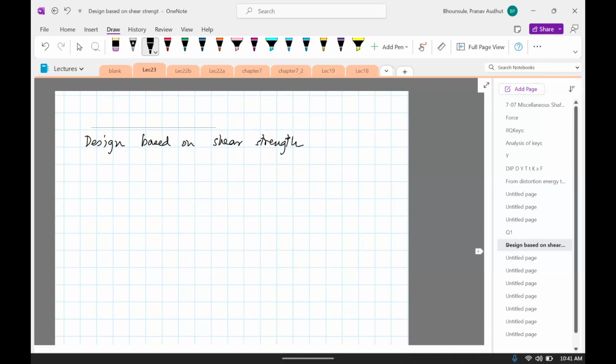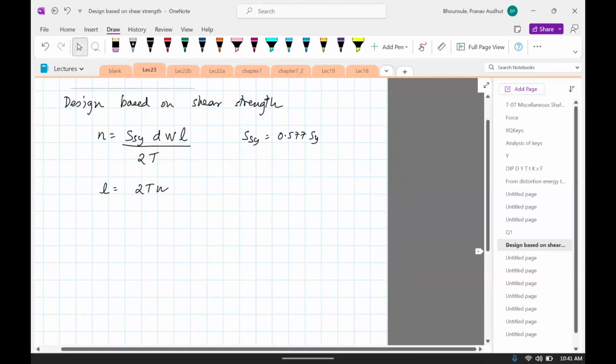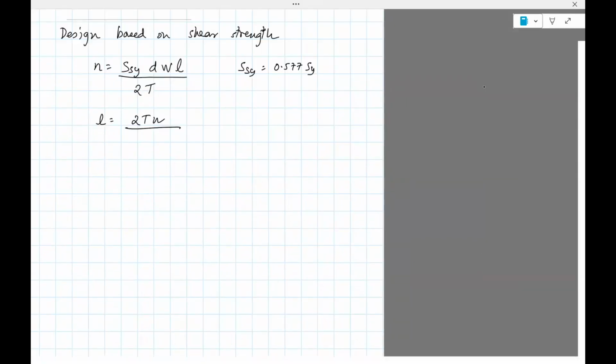So that would be N equals Ssy times D times W times L divided by 2 times T, where Ssy is 0.577 Sy. So we can solve for L. It's 2TN divided by 0.577 Sy times D times W.